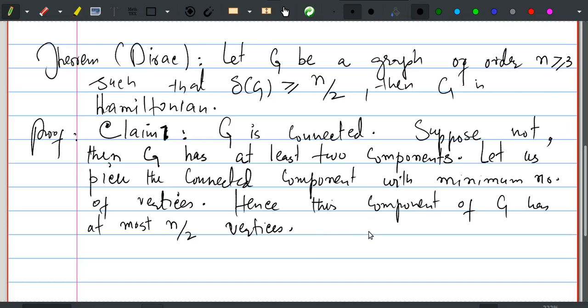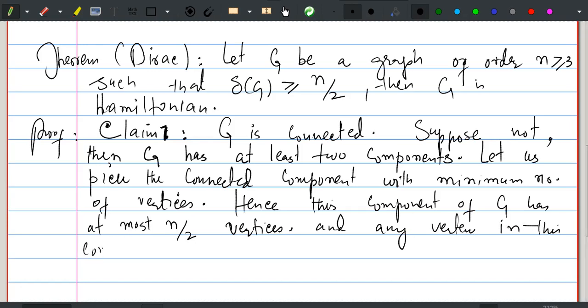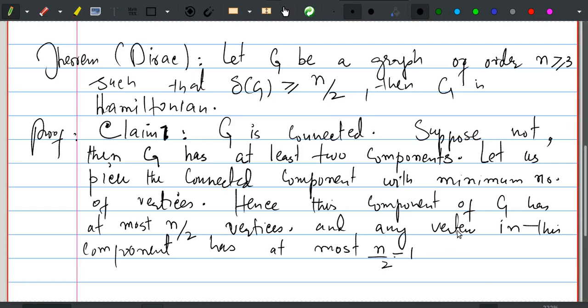Hence this component of G has at most n by 2 vertices, and any vertex in this component has at most n by 2 minus 1 degree.